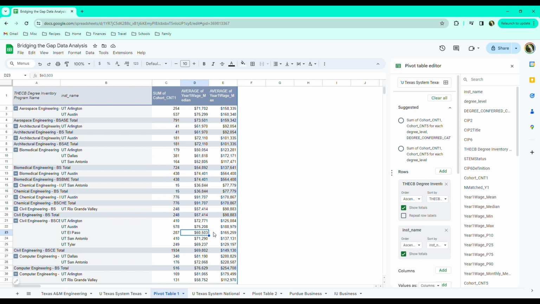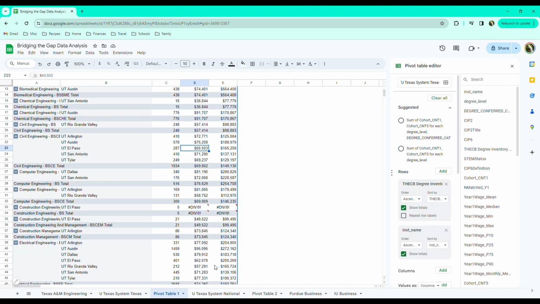That may make it worth it for you to move to Austin if you live in El Paso and pay the extra money for housing, or it may not. So something to look at, and I will just scroll through here and look at the different options.